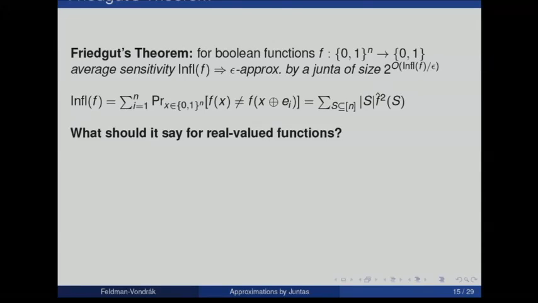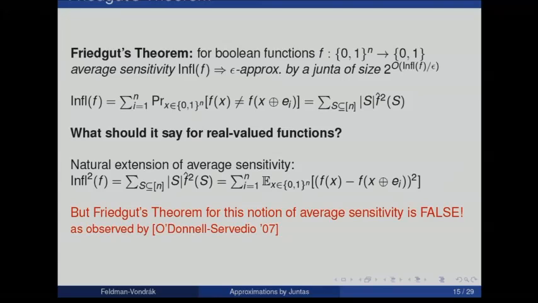One would say that probably by taking this formula, because it's all about Fourier analysis. This is a nice general formula. So we can define that for any real-valued function, and it feels like this is what it should be. But unfortunately, Friedgut's theorem actually does not hold, which is widely known, I guess.